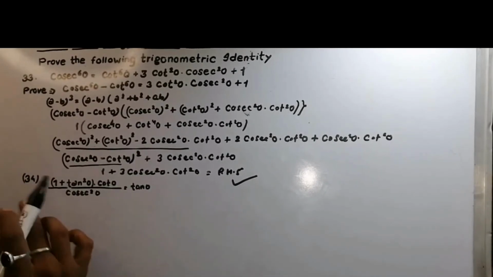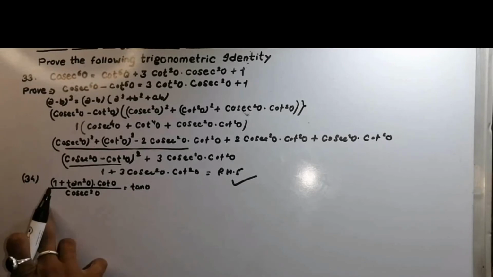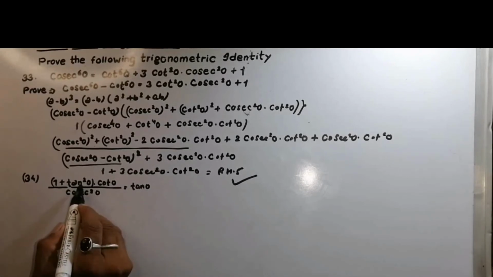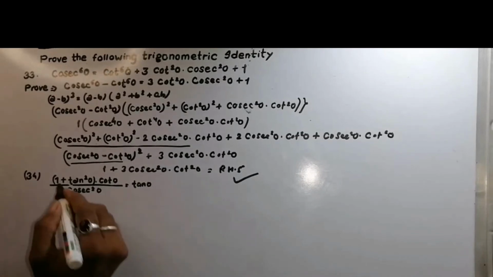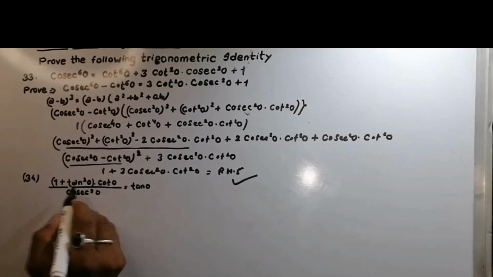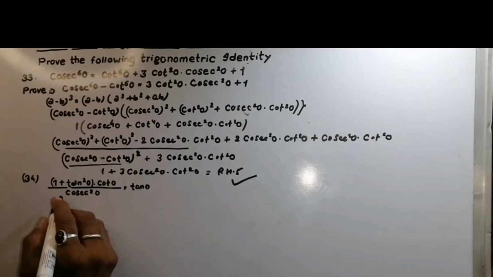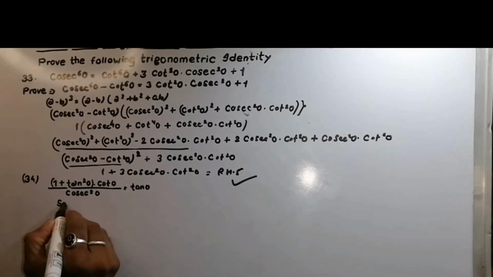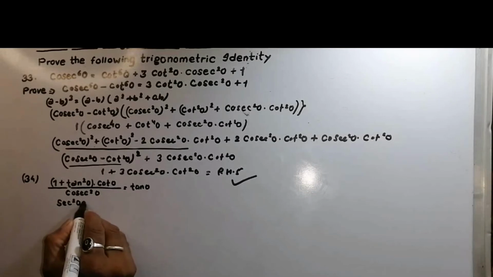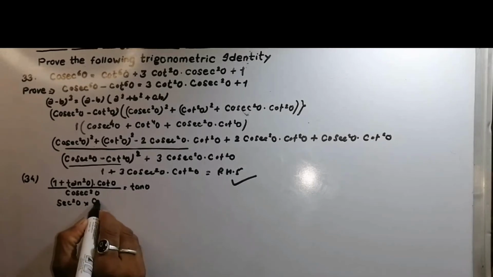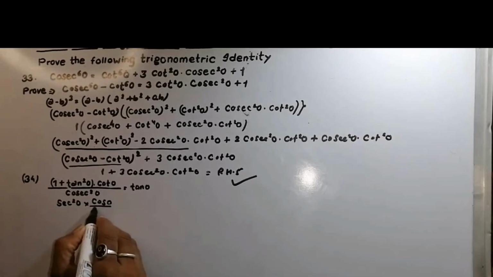In question number 34, it is asked: (1 plus tan square theta) into cot theta upon cosec square theta is equal to tan theta. In place of 1 plus tan square theta, we can write sec square theta. And in place of cot theta, we can write cos theta upon sin theta.